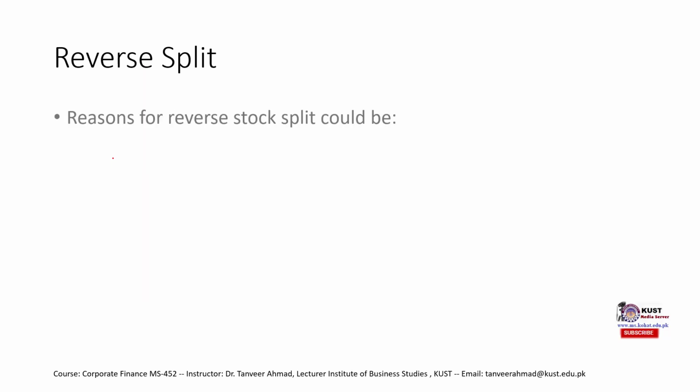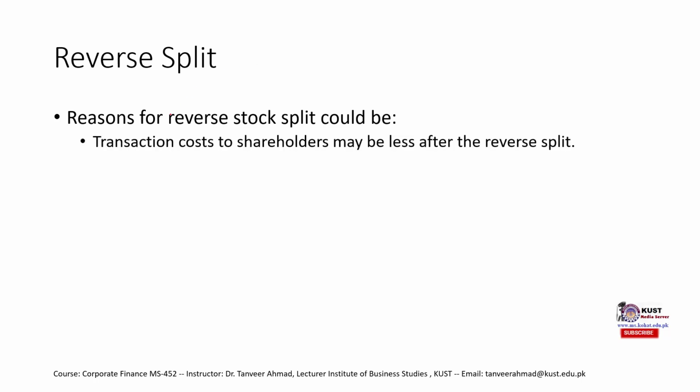Okay, so what are the reasons for reverse split? The first one is that transaction cost to the shareholder may be less after reverse split. So what do we mean by transaction cost? Whenever we buy a single share, we are subject to different costs.